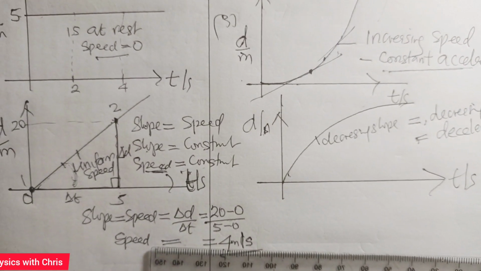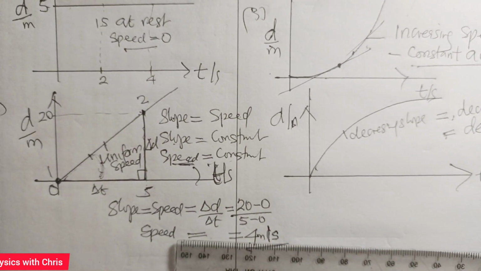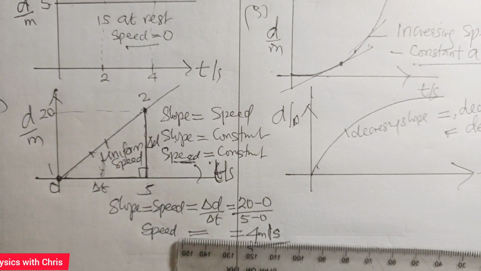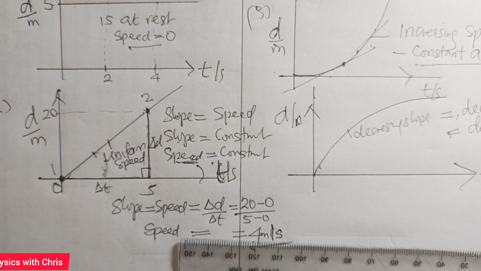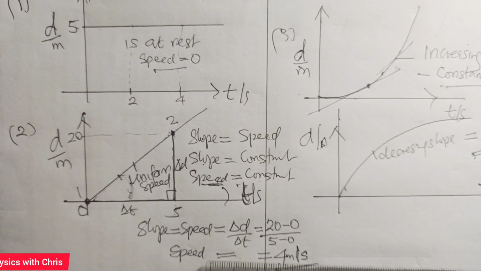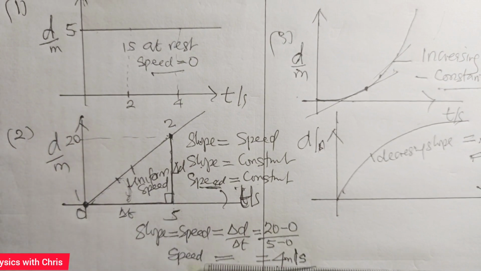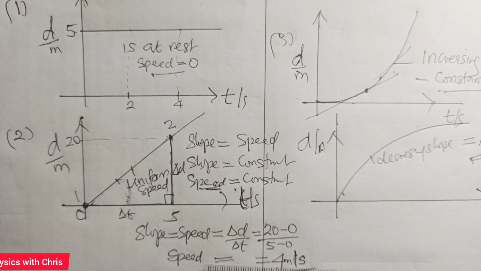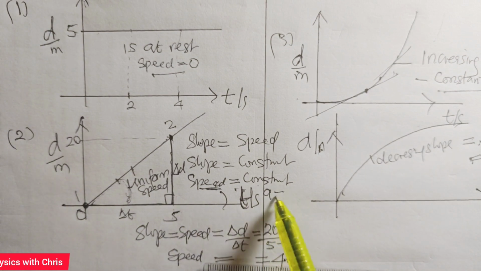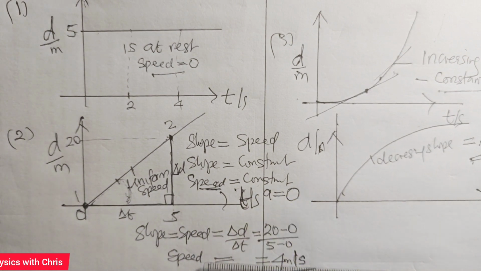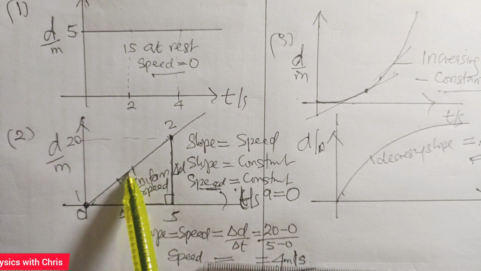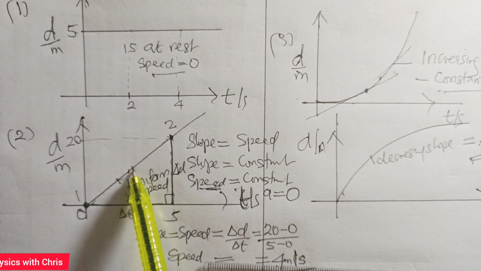Okay, and you have seen the different types of distance time graph. We have the one that represents zero speed, which is the body at rest. Then constant speed. In the case of constant speed, you can see the acceleration is zero. When the speed of a body is constant, the body does not have acceleration. So this is a graph of constant speed, uniform speed, or zero acceleration.